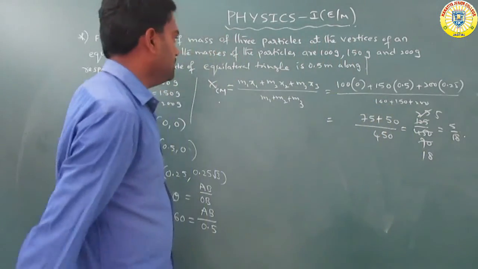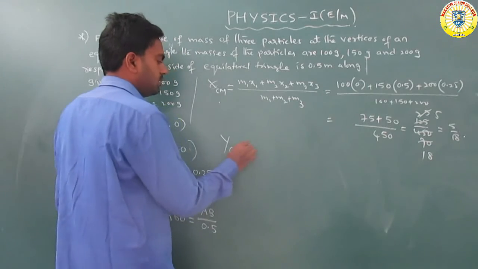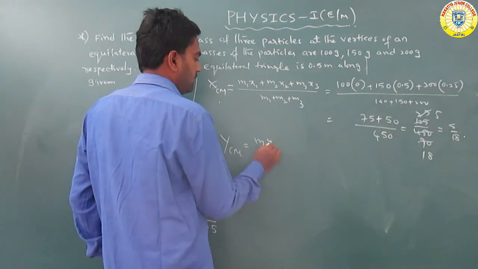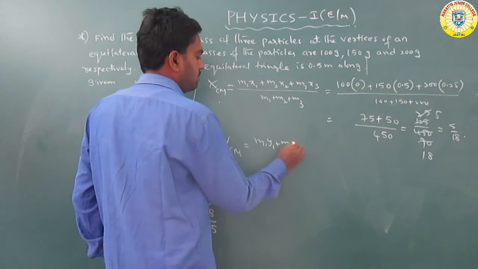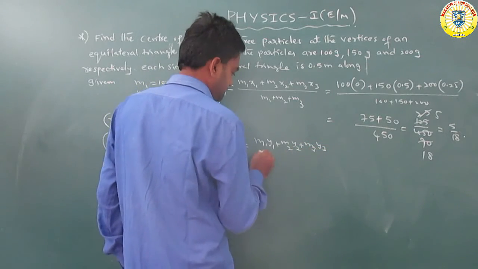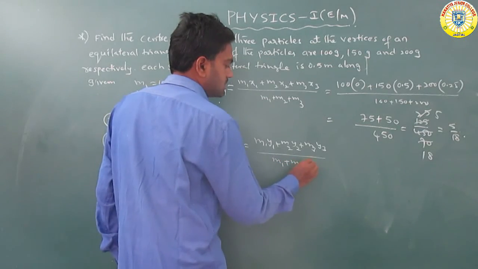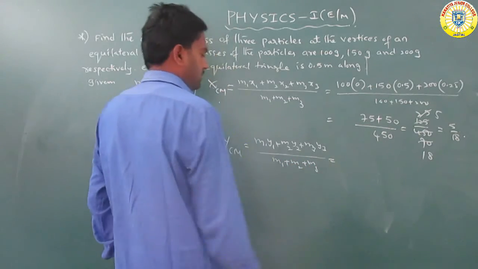Okay, got it. Now the remaining ycm. ycm is equal to m1 y1 plus m2 y2 plus m3 y3 by m1 plus m2 plus m3.